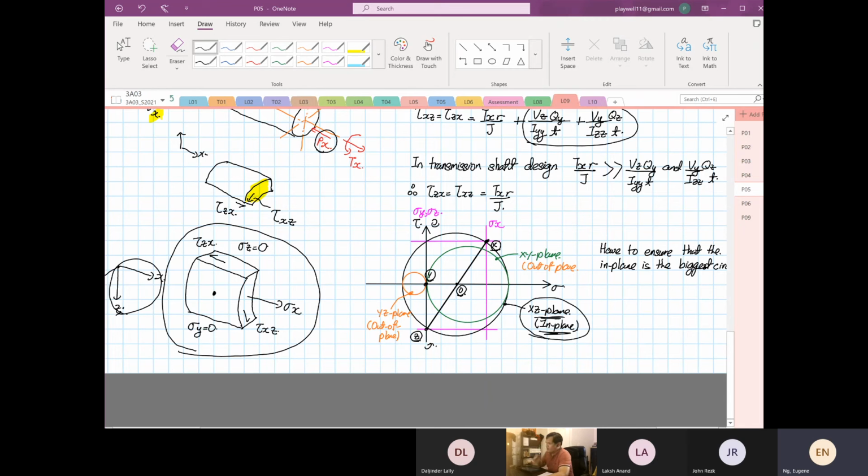But for a shaft, the element on the surface will definitely have the largest diameter. Some of you will ask me why. Because there's only one normal stress component and one shearing stress component. So when you construct Mohr's circle, you will get the biggest circle I'm highlighting now. You will not get the smaller circles like these two.